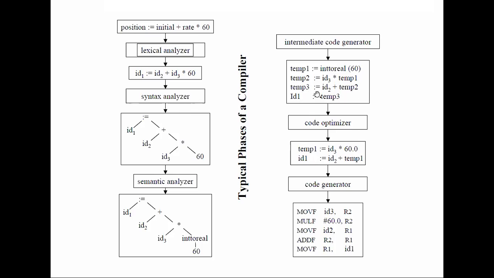We can eliminate one more temporary value. And for temporary one, which performs the int-to-real operation, directly we can write 60.0, that is a real value. This is known as constant folding.